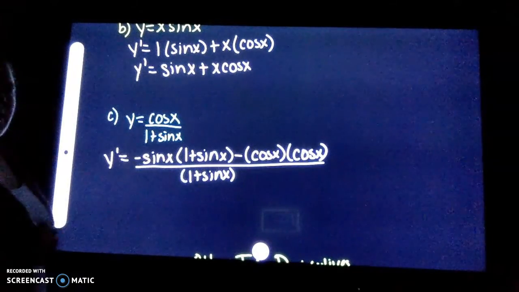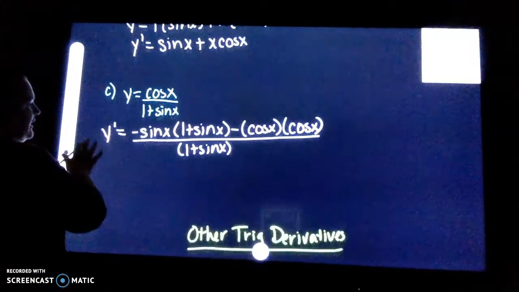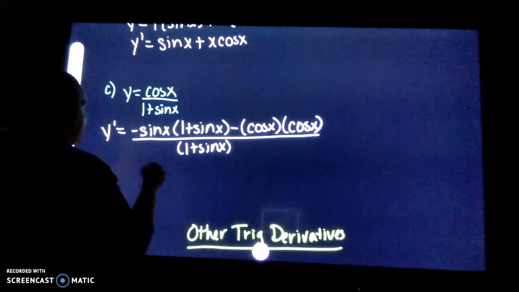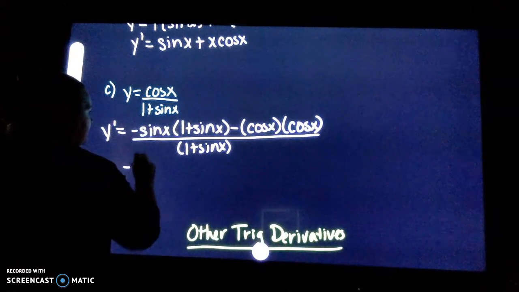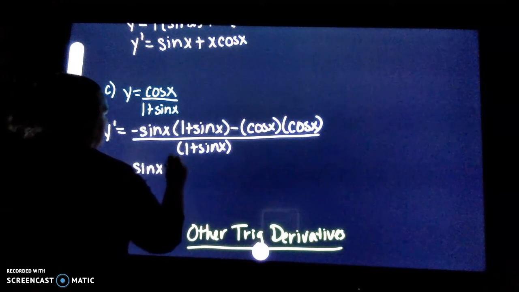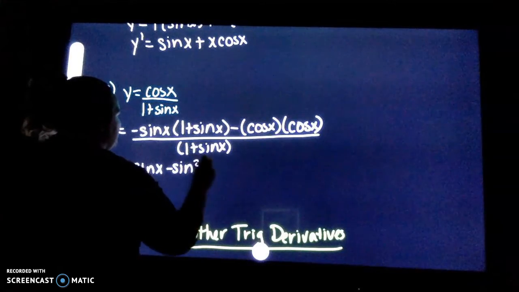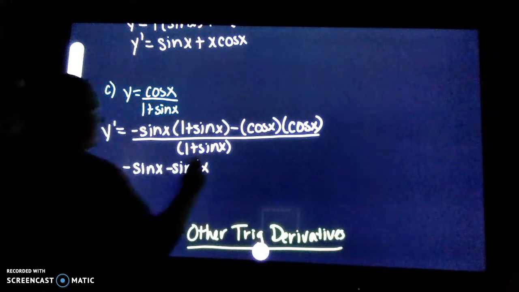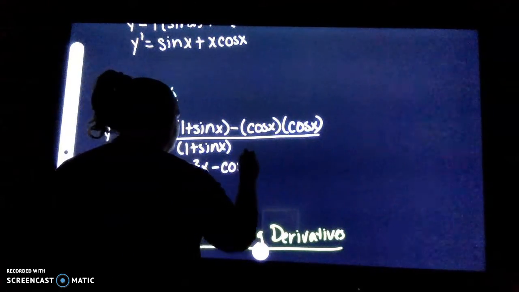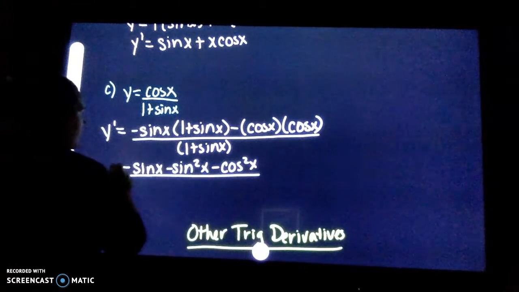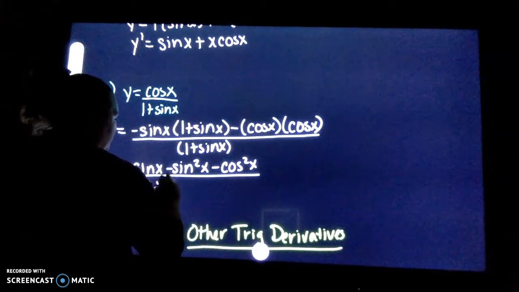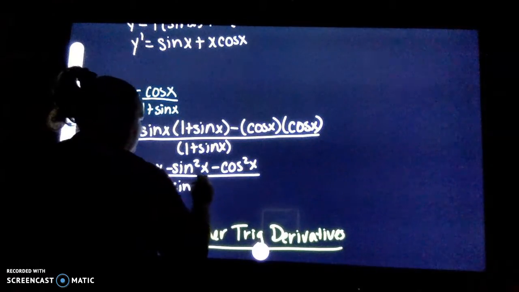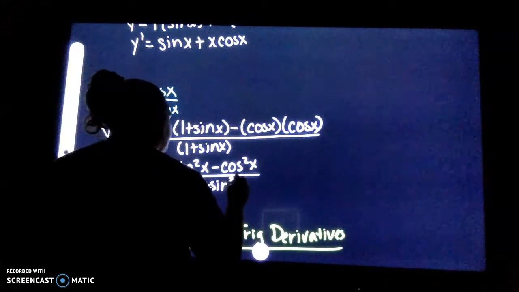From here, I can just go ahead and simplify. And when I do, I distribute the negative sign. So I get negative sine x minus sine squared x, because sine times sine is sine squared, minus cosine squared x, all over 1 plus 2 sine of x plus sine squared x.